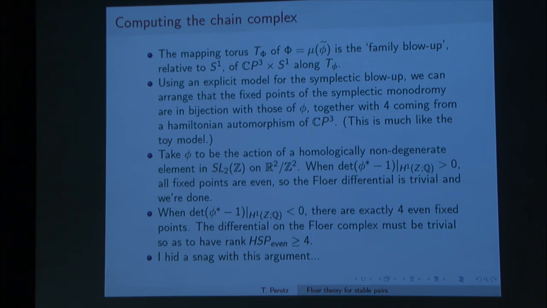And so what we do is that, in computing this fixed point Floer homology on this blow-up of CP3, we make a model for the relevant symplectic automorphisms, which as closely as possible mimics this toy model from Morse theory.